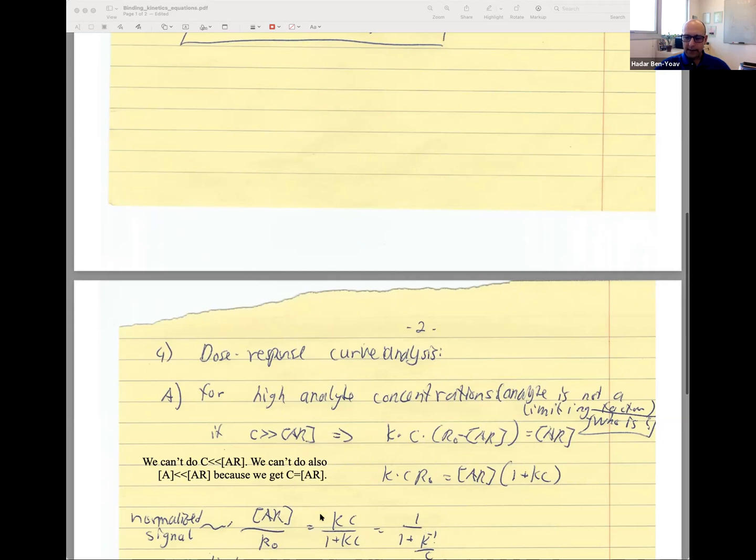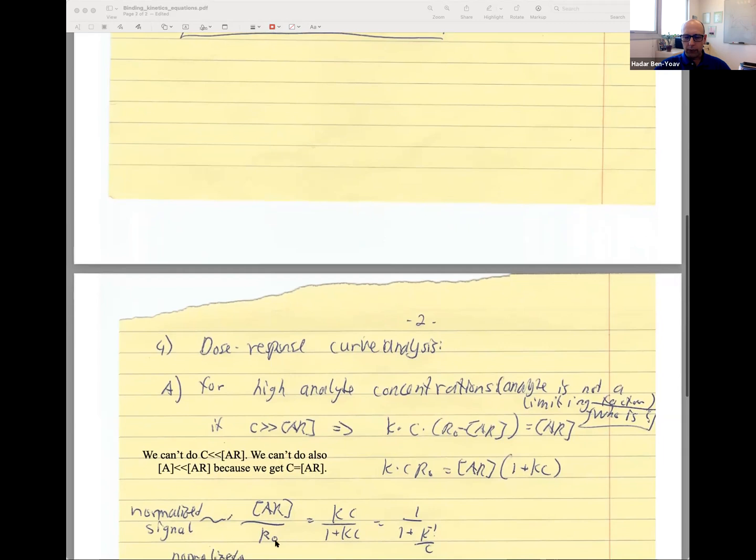We also normalize it by R0 because we want to normalize how much signal per receptor we have. And what we get is 1 over 1 plus K minus 1 over C.